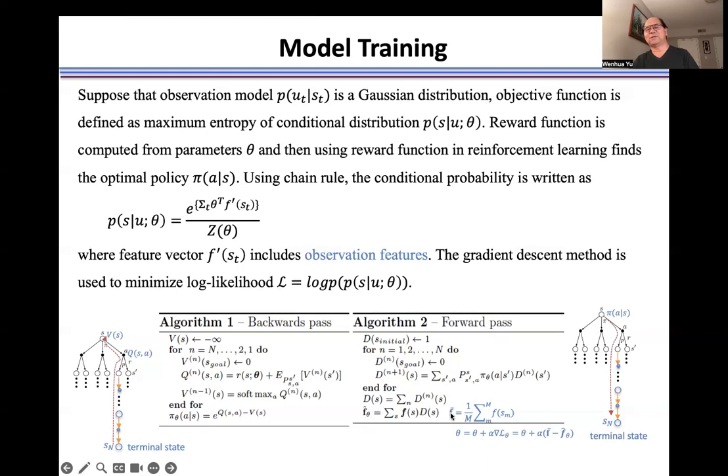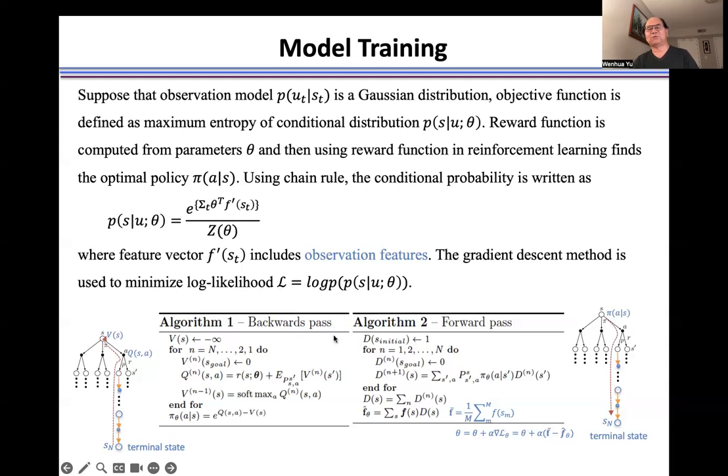Because we already know the expert feature count and the expected policy, we use these together to get the gradient of the loss function, and then we update the model parameters. Once we get the convergent model parameters, we can estimate the reward from the input trajectory.